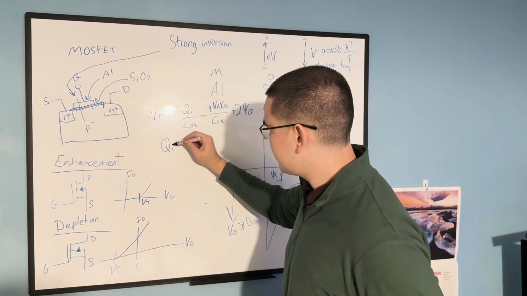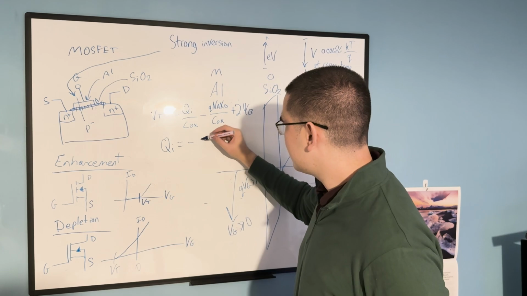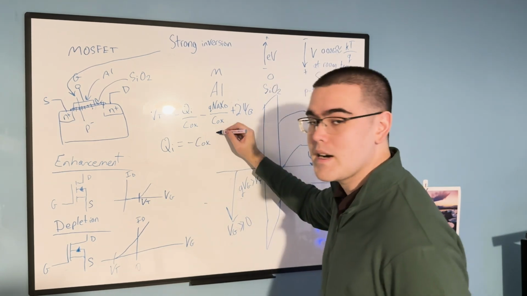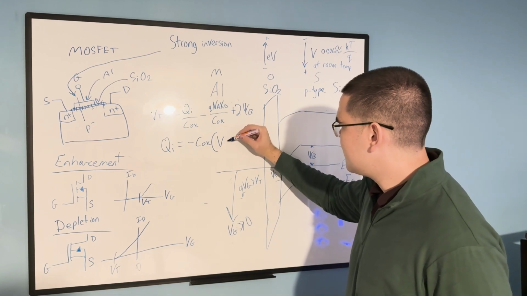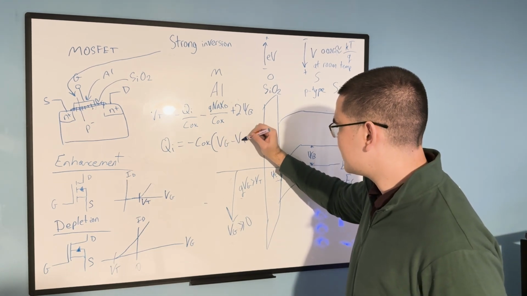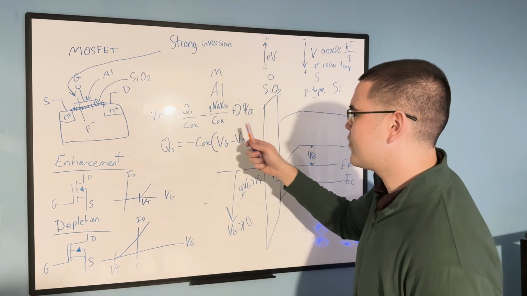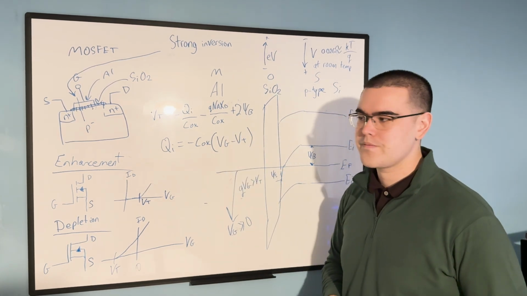Qi is equal to minus COX, the oxide capacitance, multiplied by Vg minus Vt. That's the threshold voltage equation for strong inversion.